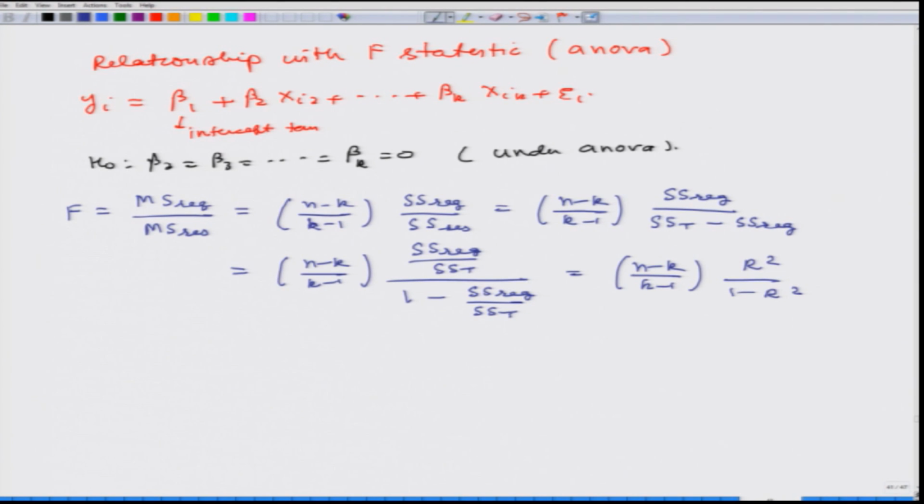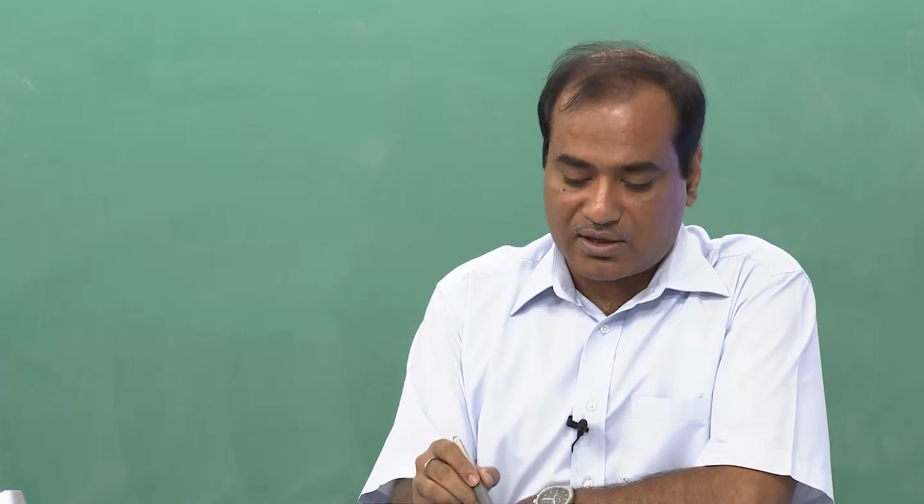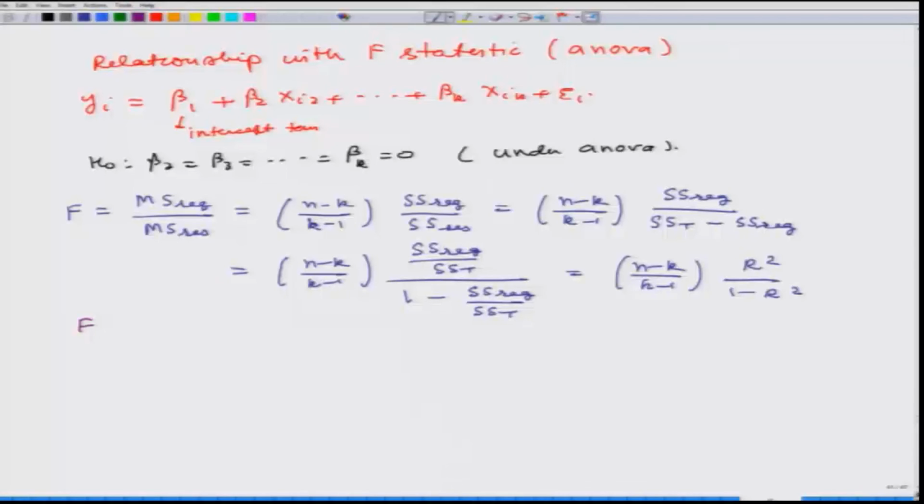So you can see here that there is a closed form relationship between the F statistic of analysis of variance and R square. Both are very closely related, and they have a very close interpretation also. You see how?